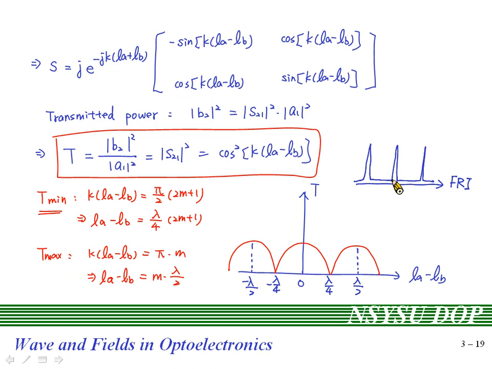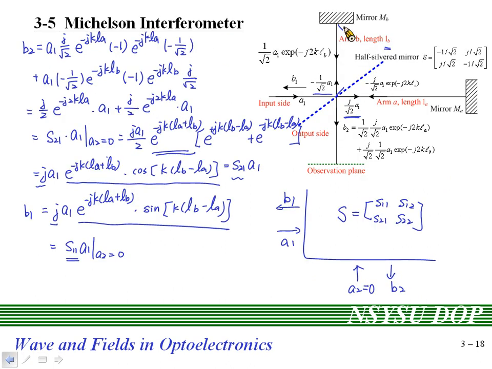Besides, the Michelson interferometer is frequently used to detect material index or material thickness. For example, if we already know the length difference between LA and LB, then you can place an unknown material here with index n and thickness d.